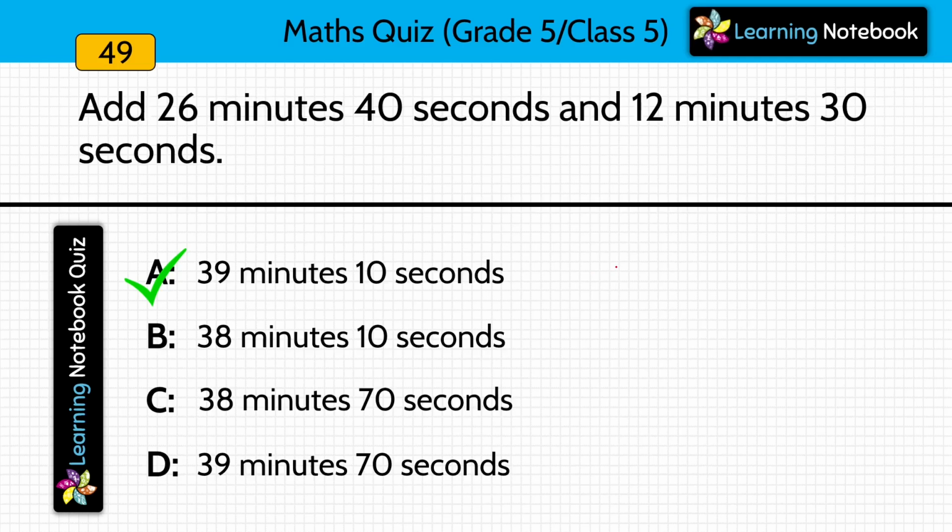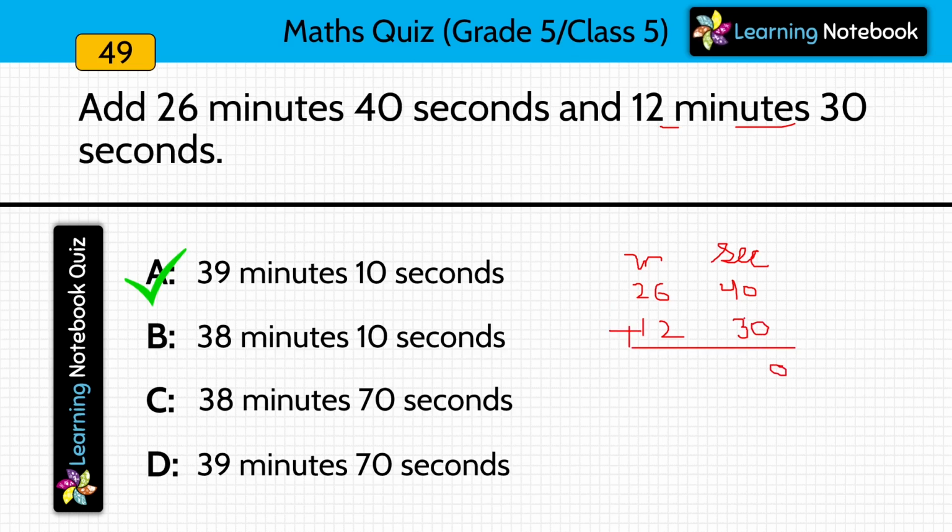To solve this, first we will write the given numbers, 26 minutes. So we will write it under minutes column and here we have seconds. I will write 40 here. Now to write this 12 minutes 30 seconds, again we will write minutes under minute column and seconds under seconds column. Now let's add.